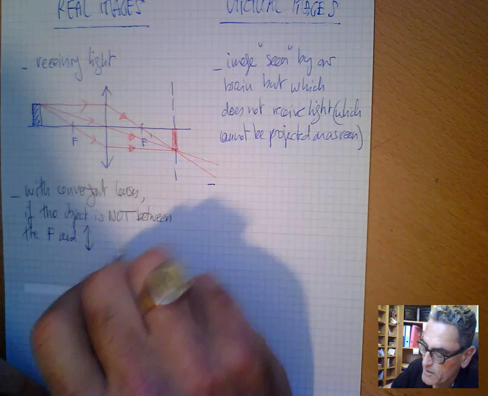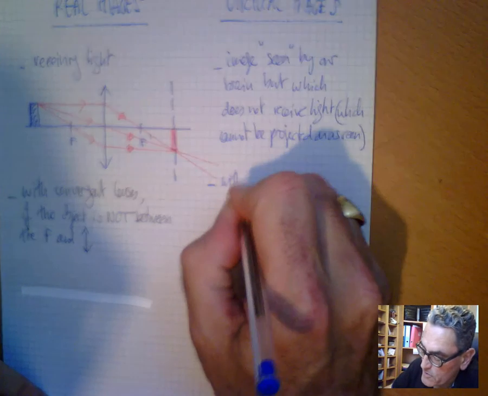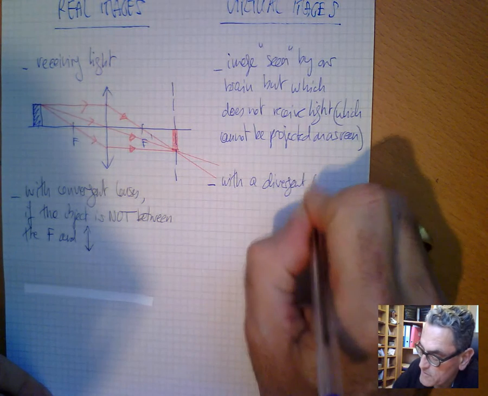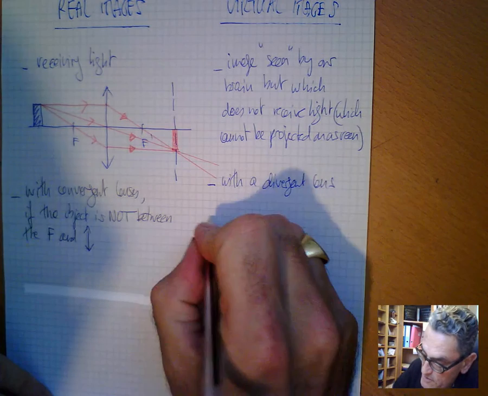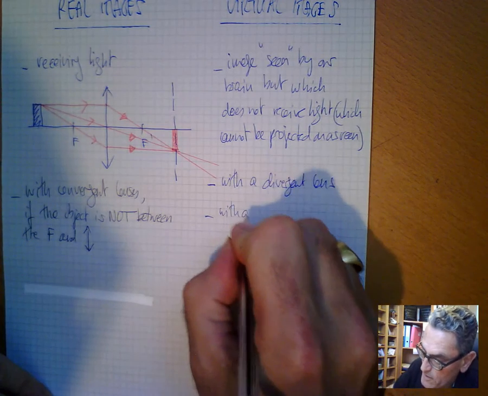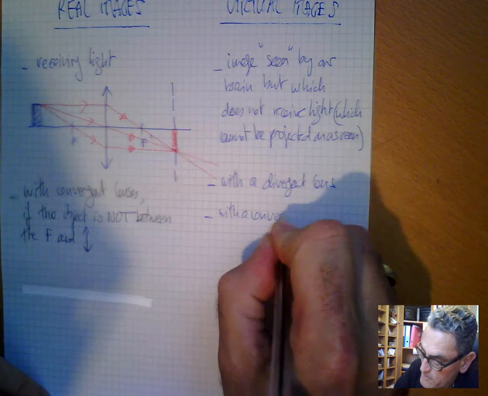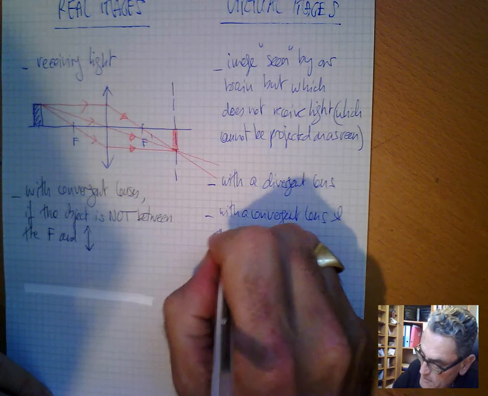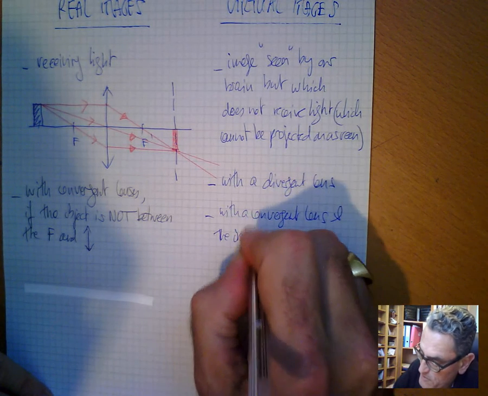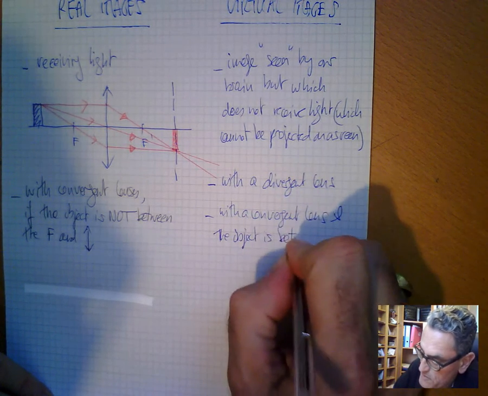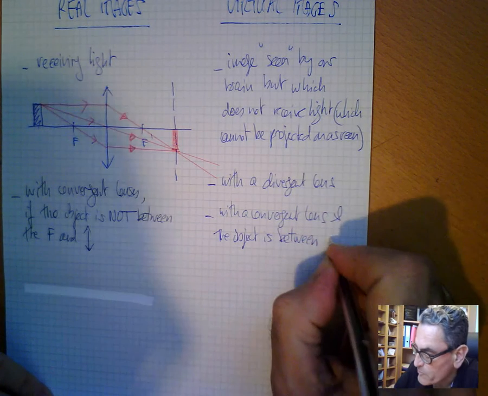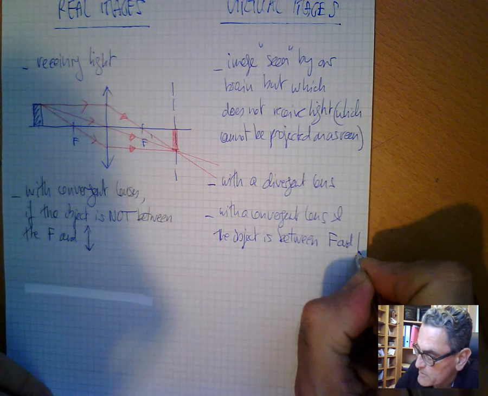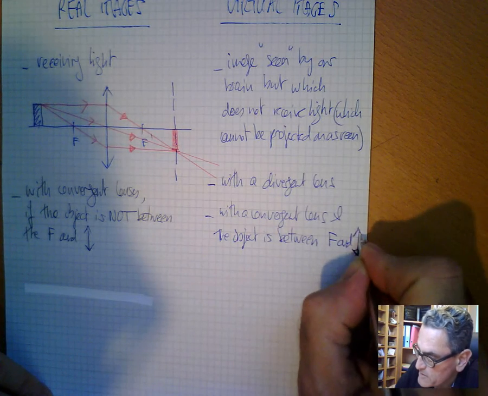So how can you get a virtual image? You can get it with a divergent lens in all cases, or with a convergent lens, and the object is between the focal point and the lens itself.